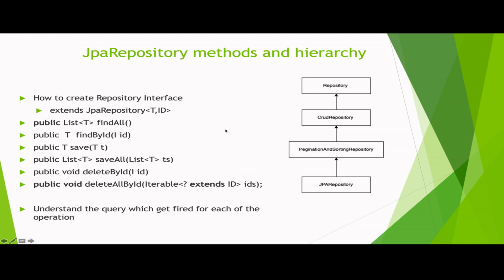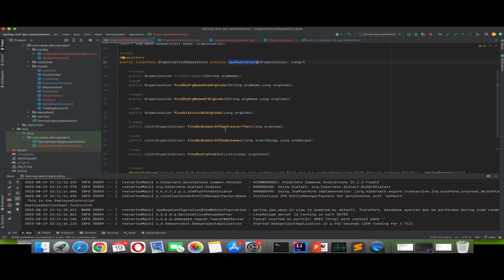Now, while we are doing that, let's look into what all things we have got in the JPA repository method. To write a repository interface, we have to extend JPA repository. Worth noticing over here that, unlike the older version of Spring Data JPA, here we don't have to write any repository class.